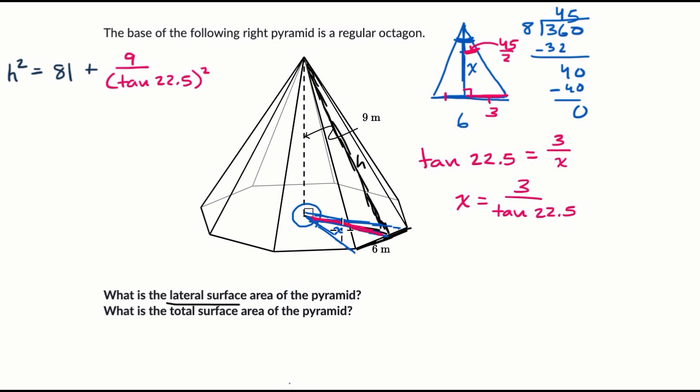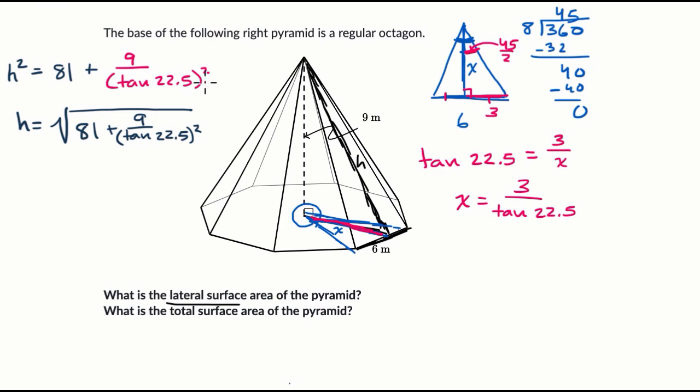All I did is I squared this. I said this squared plus that squared is going to equal that squared. Or I could say that our height is going to be equal to the square root, this is going to be a little hairy, of 81 plus 9 over the tangent of 22.5 degrees squared.